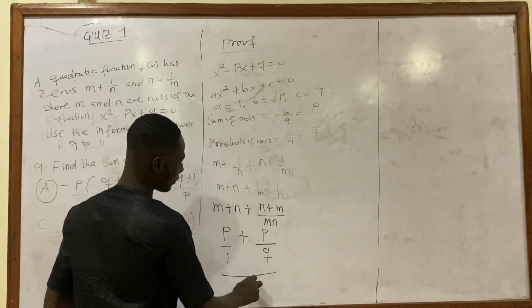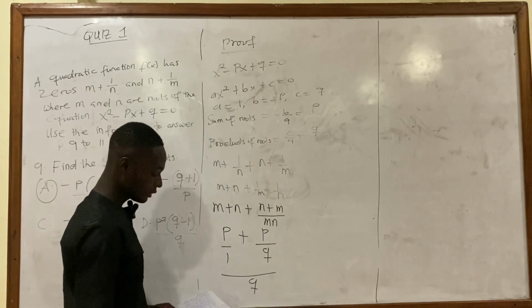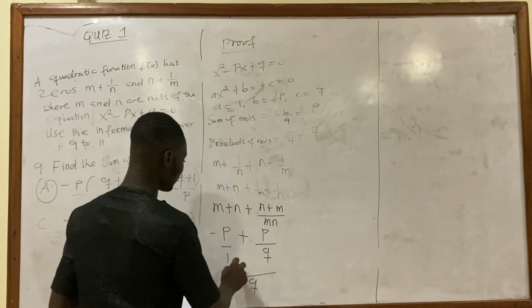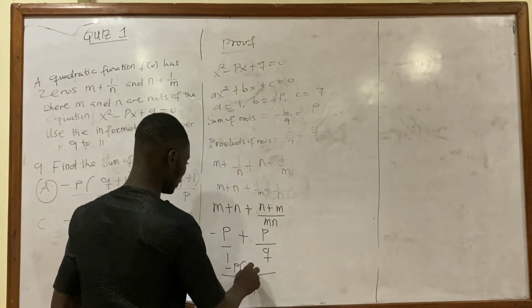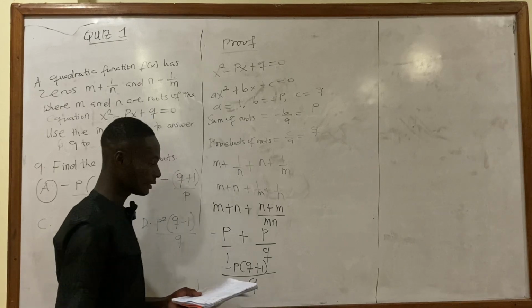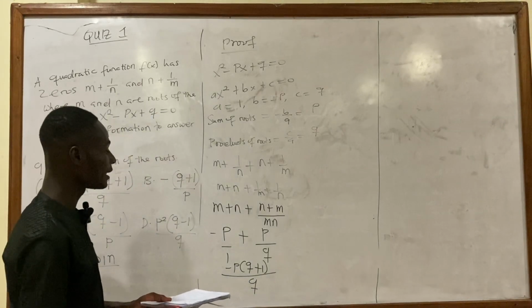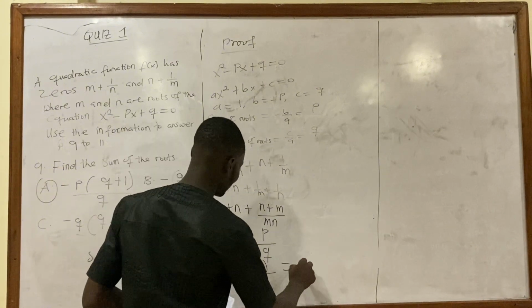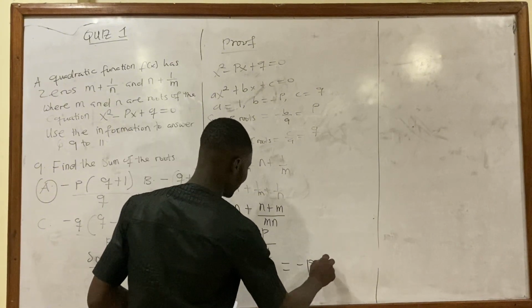Simplifying this, we have q over here, so we have minus p into q plus 1, and that will be our final answer.